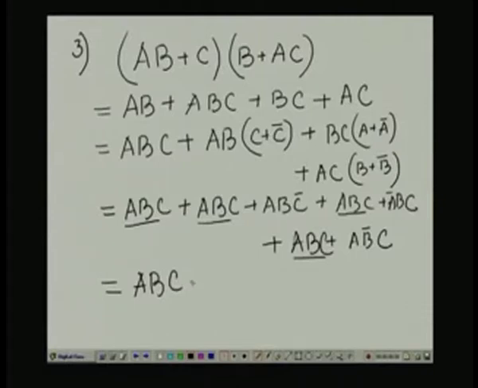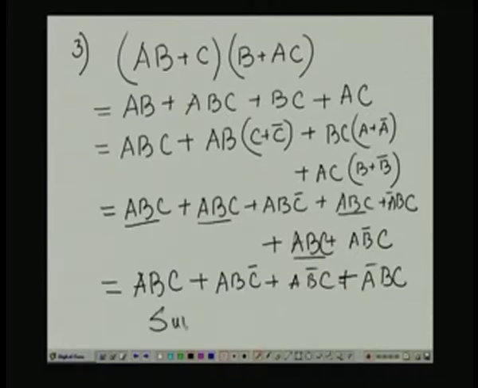The remaining terms are a b c bar plus a b bar c plus a bar b c. So this is my sum of min terms, because this was a 3 variable function. These are the min terms, the sum of min terms.